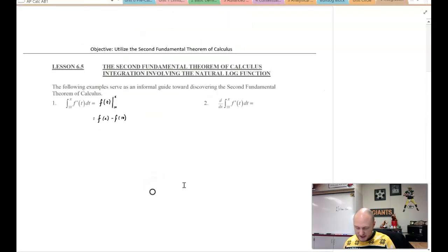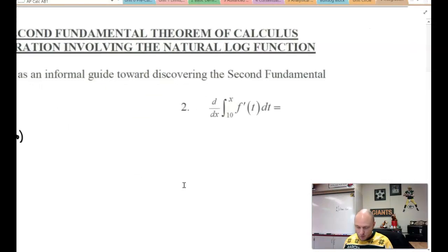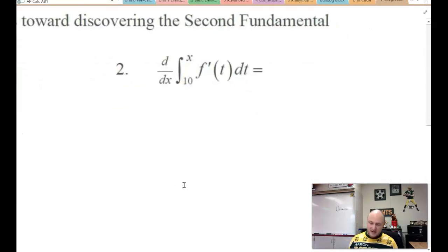Okay, so how does this tie into the second fundamental theorem of calculus? We're going to take a derivative of this. Notice that this structure is exactly the same: the integral from x to 10 of f prime of t dt.